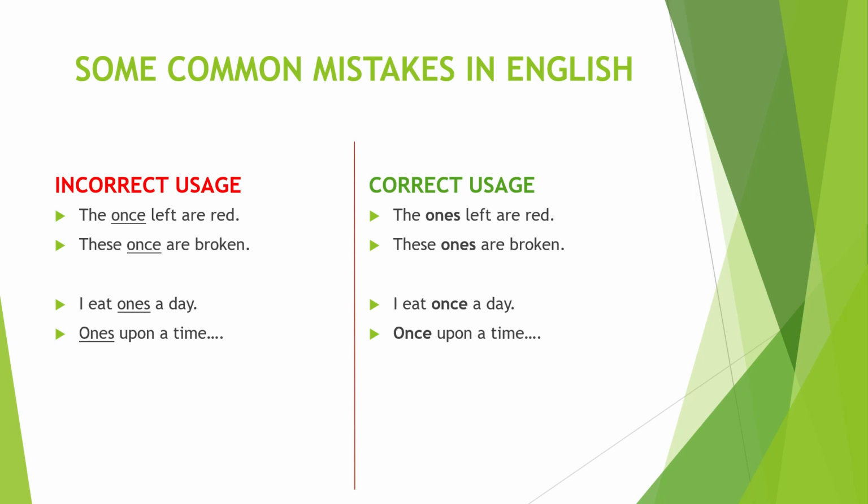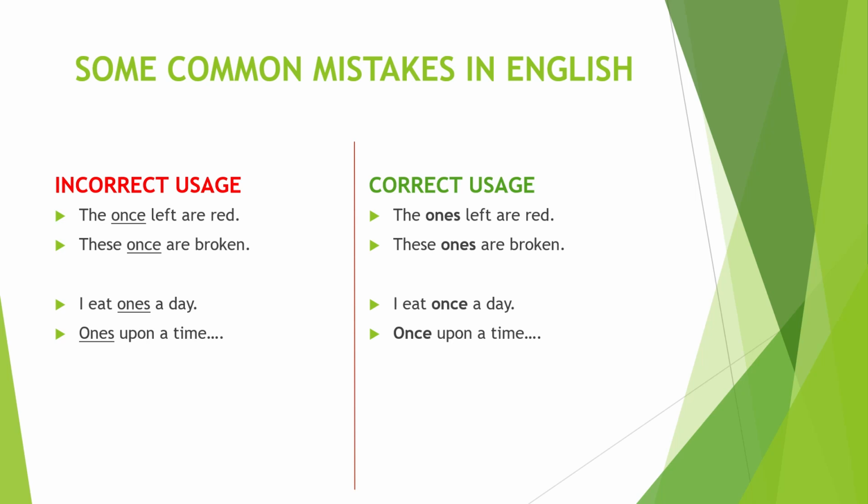The ones left are red. We can't have the definite article there preceding the word at the left side, which is spelled O-N-C-E. But we can have it precede O-N-E-S. Great.